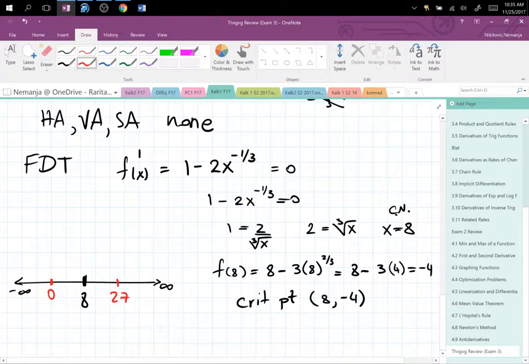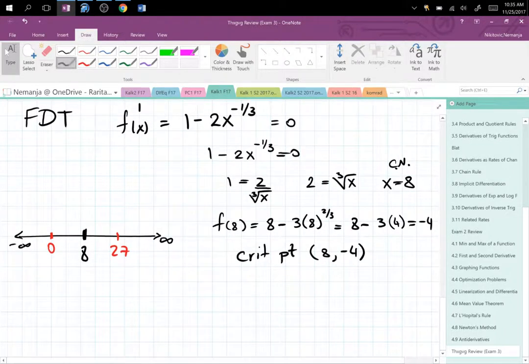So I'm using 0 and I'm using 27 because it's easy to compute the cube root of 27. So now, first derivative computed at 0 is 1 minus 2 times 0, or maybe I should just write it as 2 over cube root of 0.